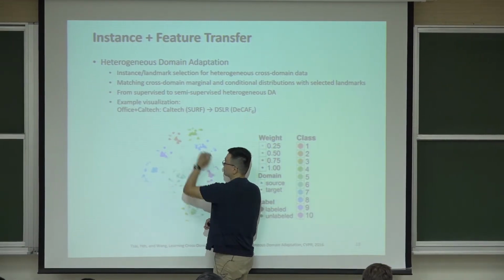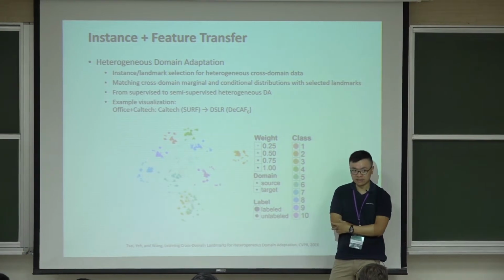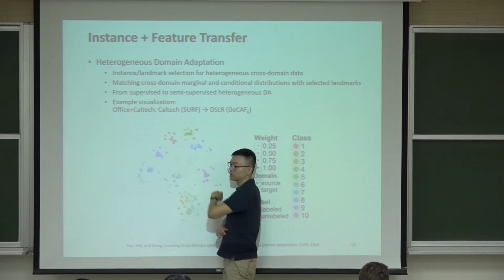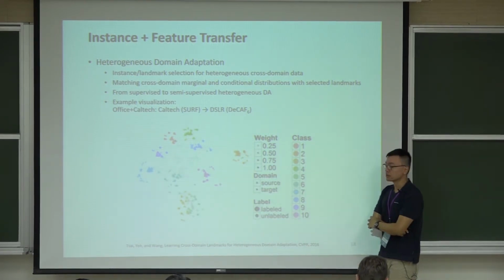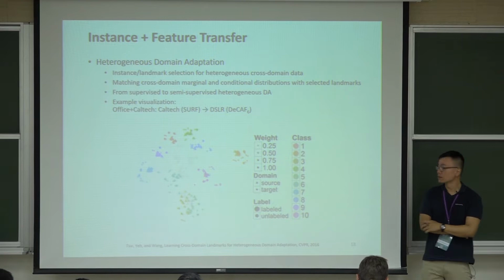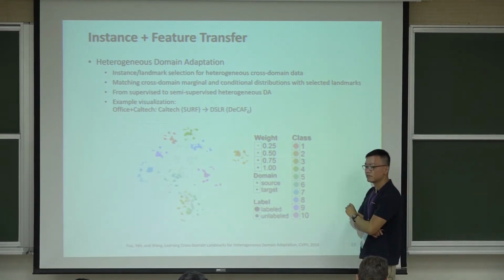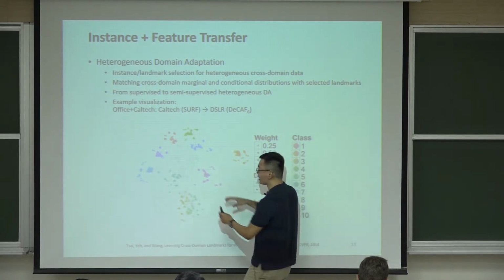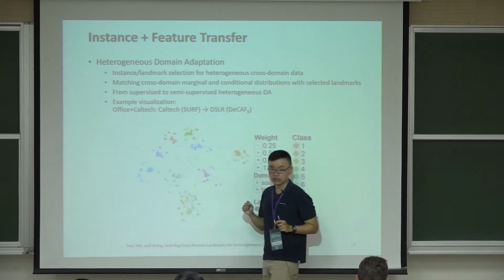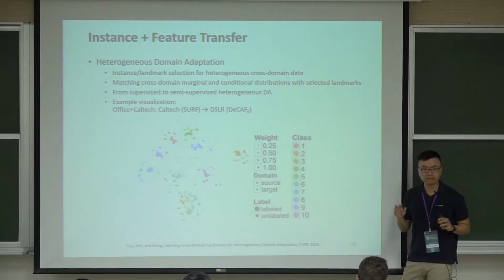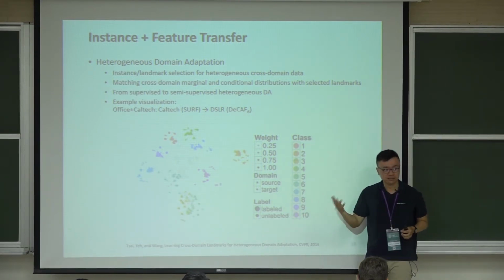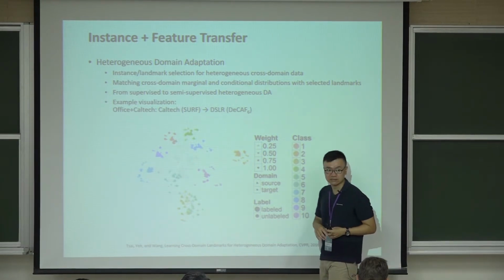You have the same type of color instances close to each other, and at the same time, there are triangles and circles in it. So that explains we really can get rid of the domain bias, and at the same time, by making the global mean and class-wise mean close to each other, we do make the separation of each class reasonable, and that is why it would be able to produce satisfactory classification performance.